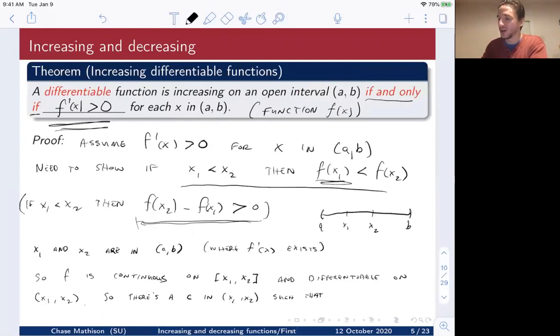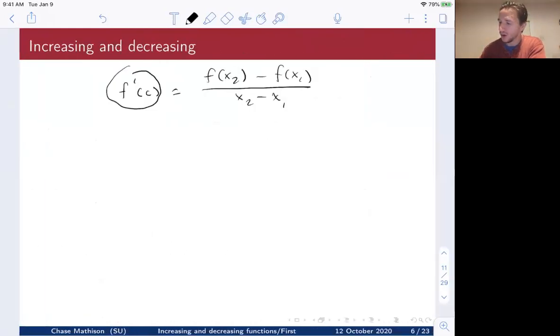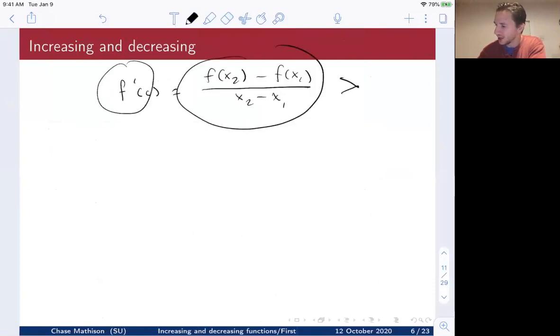I'm assuming f prime of x is bigger than 0, so I know that this, which is equal to this, is bigger than 0. I chose x2 greater than x1. I wrote it as x1 is less than x2, but that's the same thing.